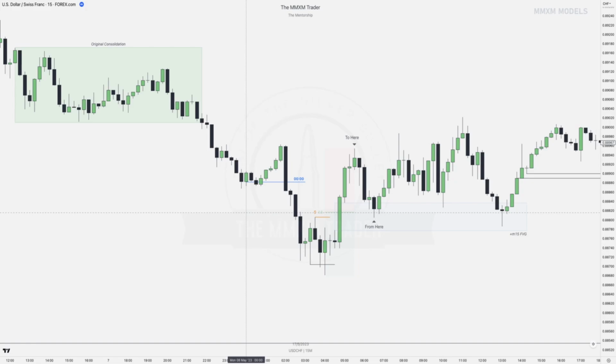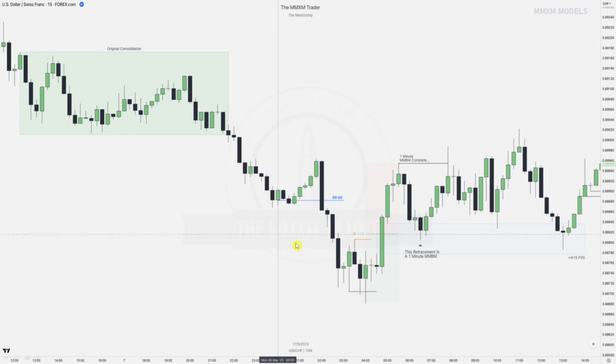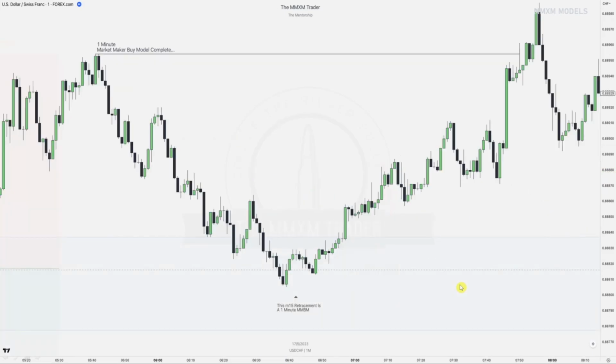If we dive into a 1-hour chart, that's the higher time frame for a 15-minute market maker buy model, and so on. So again, this retracement down here will be a 1-minute market maker buy model, right? We're dropping below New York midnight open price, so everything is lining up. Higher time frame is lining up, and now we dive into the 1-minute to scout for our setup.